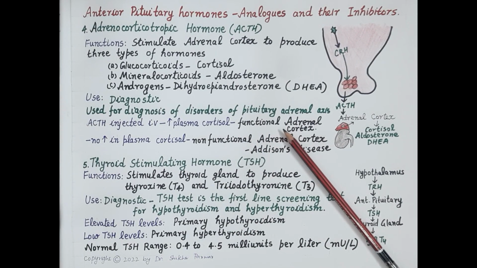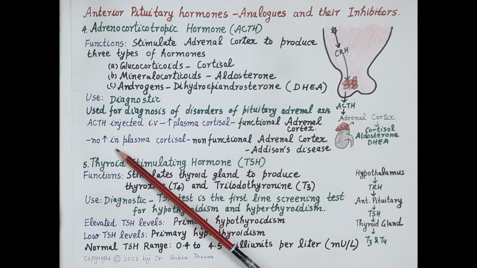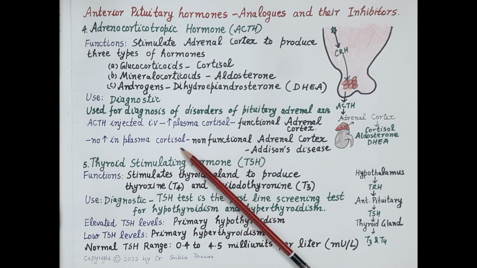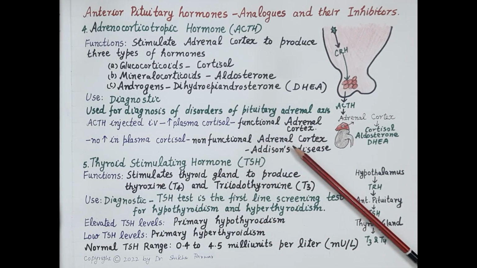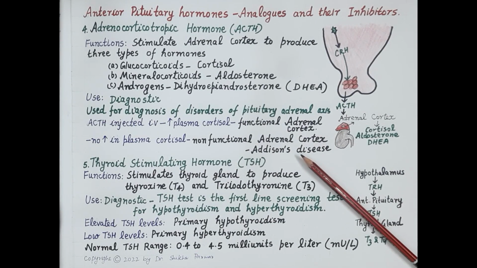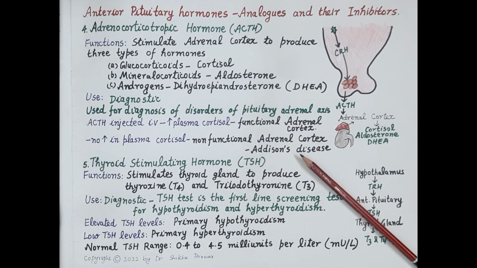But on the contrary, if intravenous ACTH does not increase levels of plasma cortisol, it indicates the presence of a non-functional adrenal cortex. As the adrenal cortex is destroyed in Addison's disease, the ACTH test can be used as a diagnostic tool for the detection of Addison's disease.